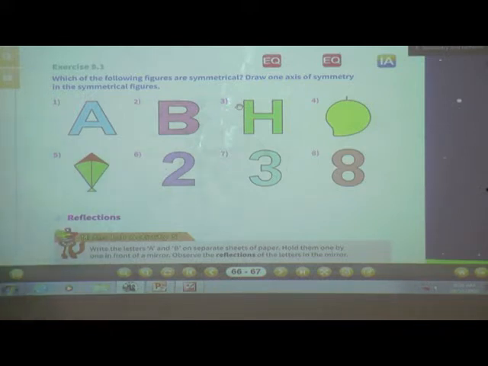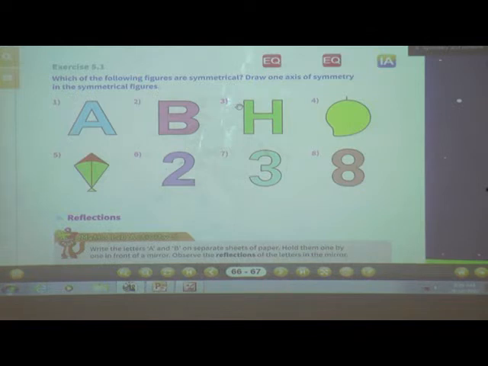Draw one axis of symmetry in the symmetrical figure. For that students, what we will do, see here, observe the figures and tell me the answer.